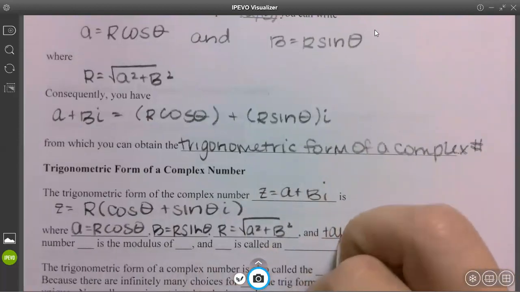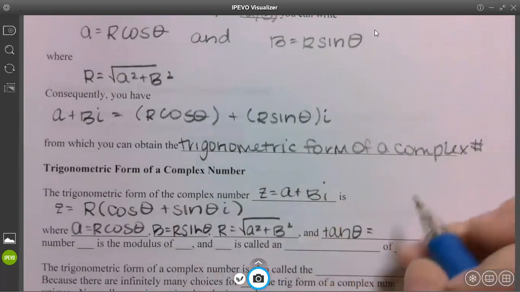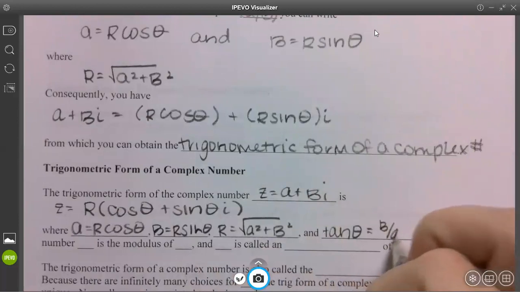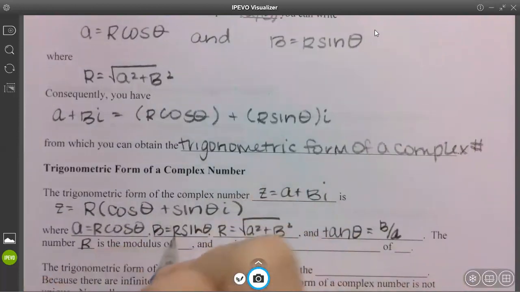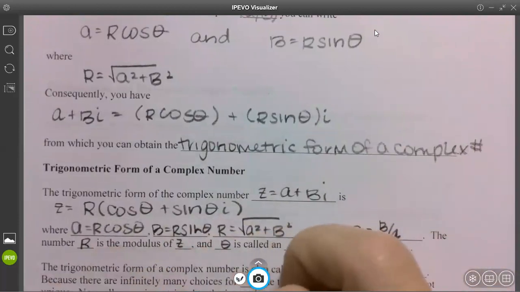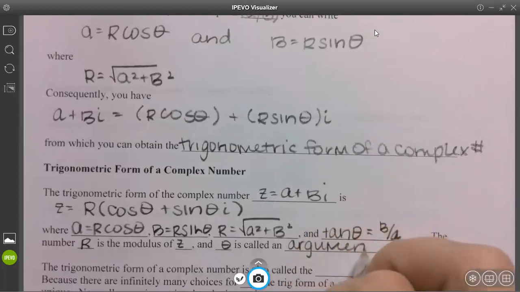And the same as the last sections, tan theta equals b over a. The number r is the modulus of z, and theta is called an argument of z.